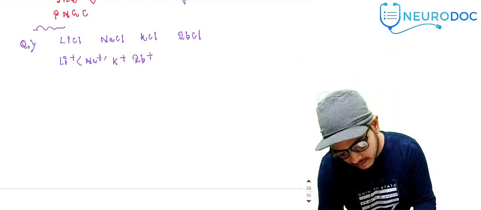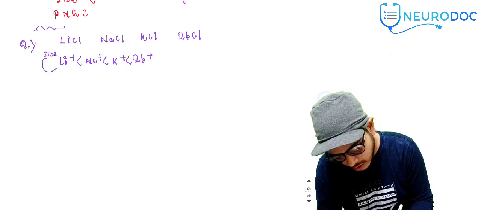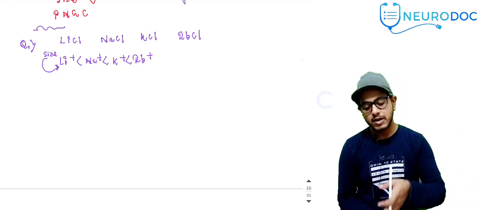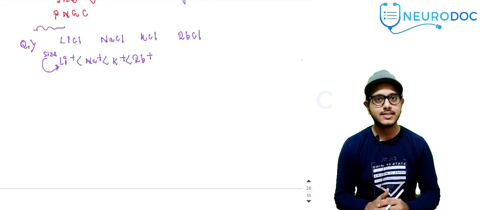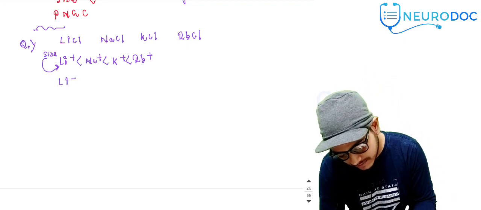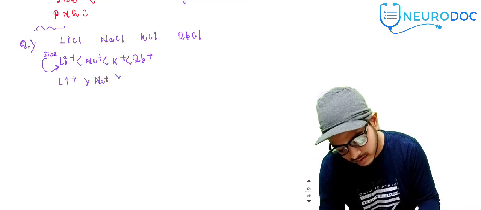So lithium, the order of the size is this, lithium is the smallest. So the polarizing power will be reversed. Here the charge is same. So smaller the size, more will be the polarizing power. So polarizing power of lithium will be the most.